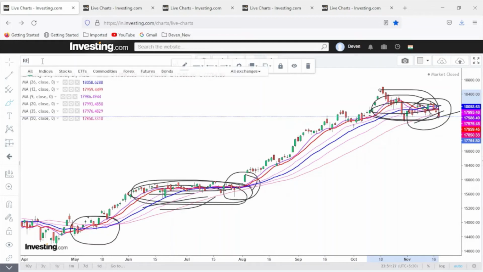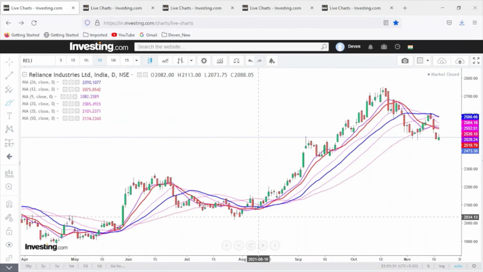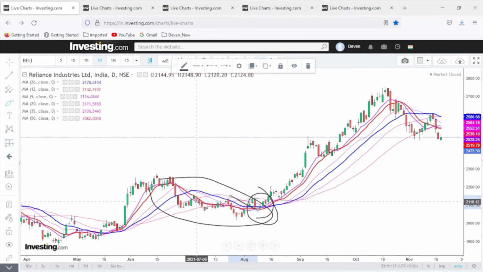Let us see what happened in a stock called Reliance. If we add the same moving averages, see here, there was this proper conjunction, there was a squeeze in that moving average band, and then there was an expansion. So this was a very good time to enter long in Reliance.